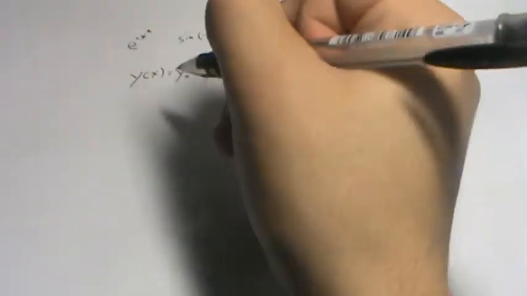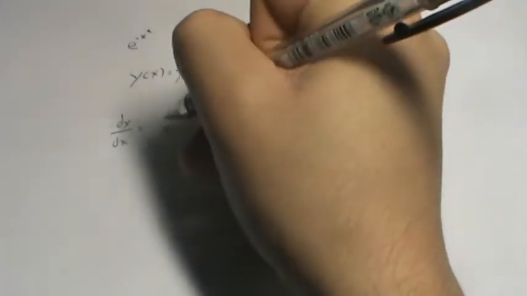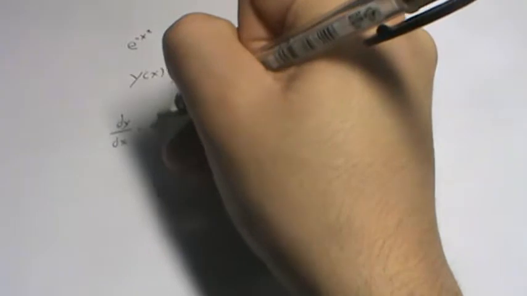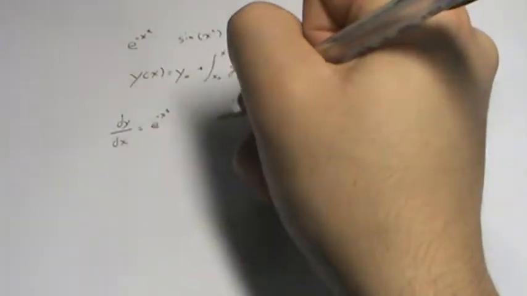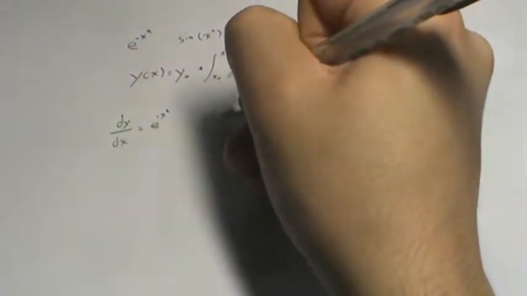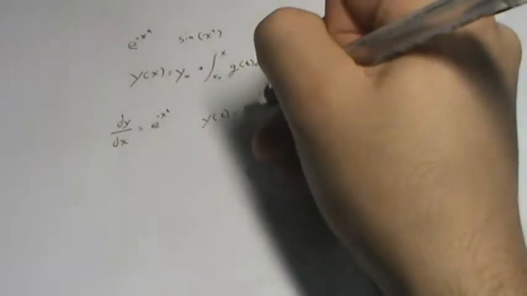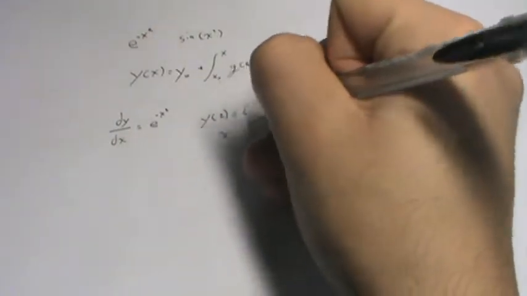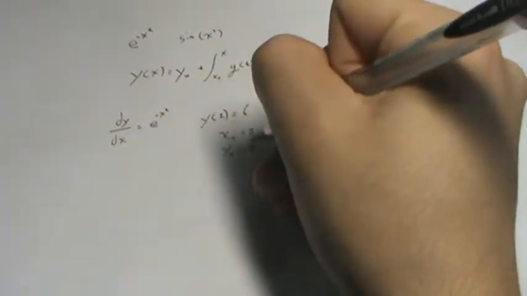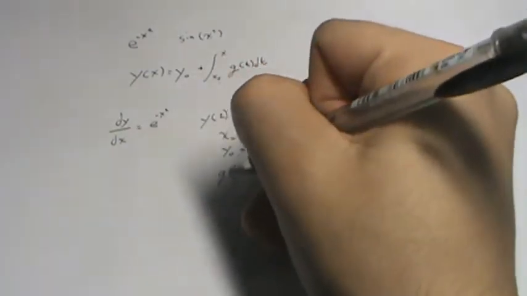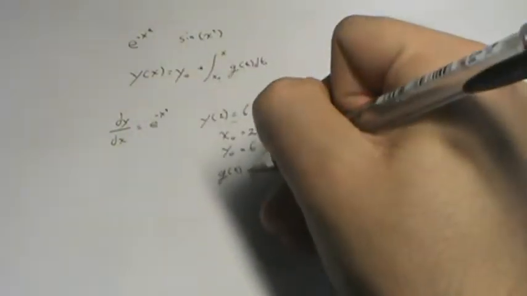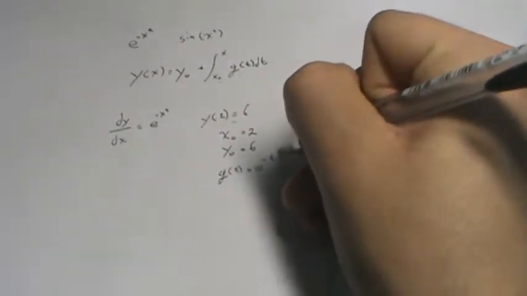So let's watch a very easy example. We have dy over dx equal to e to the minus x squared, and y of 2 equals 6. Now, by this notation, we know that our x0 is equal to 2, y0 is equal to 6, and our g of t is going to be e to the minus t squared.